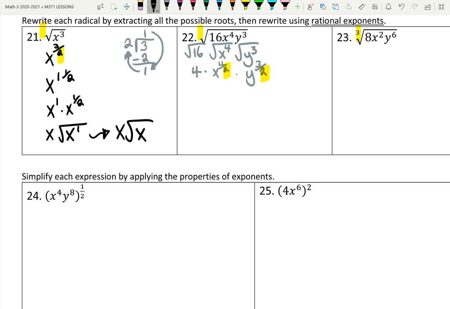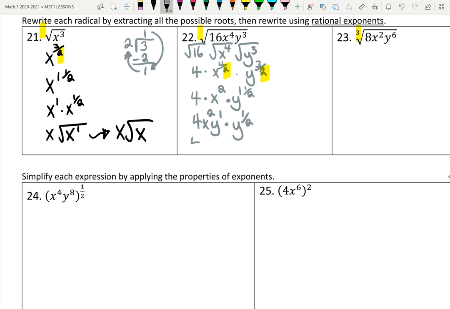Now, I'm going to go ahead and clean this up a little bit. It's going to be 4 again. 4 divided by 2 is going to be 2. And then it's going to be y to the 1 and 1/2. 3 halves is 1 and 1/2. So I'm going to split this up. I'm going to go ahead and write this as 4x squared times y to the first times y to the 1/2.